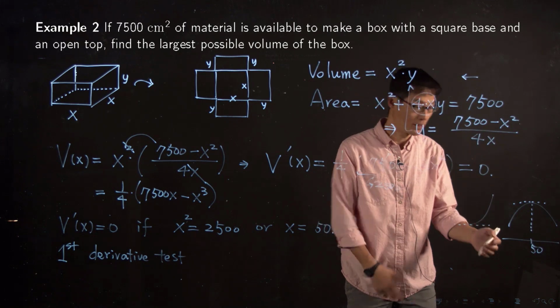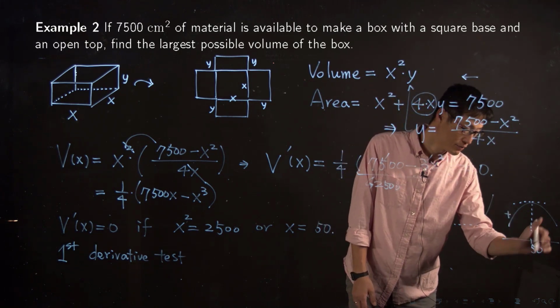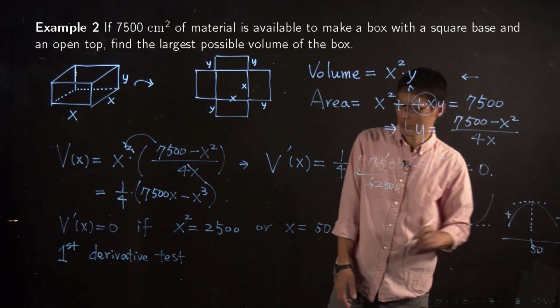So we want to make sure that before 50 we have positive slope, and then after 50 we have negative slope. That's what we want.